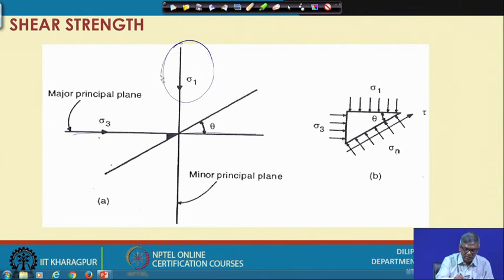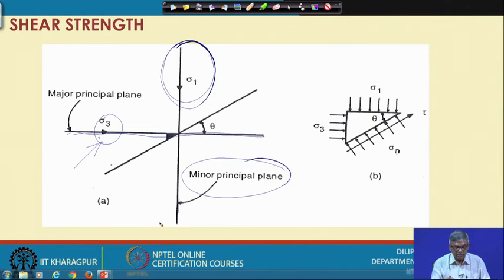So if this is the maximum normal stress, then the major principal plane is this. Similarly, if this is sigma 3, that means minor principal stress, then what is the minor principal plane? It will be this plane on which the minor principal stress is acting. So, this is the minor principal plane.